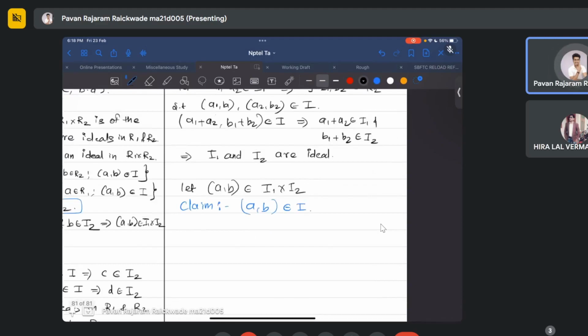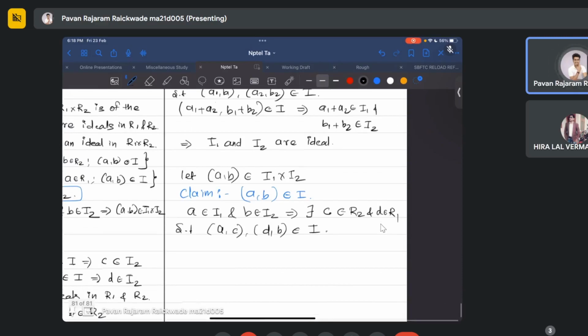So since we have a belongs to I1 and b belongs to I2, there exist elements c belonging to R2 and d belonging to R1 such that (a, c) and (d, b) belong to I. This is by definition.